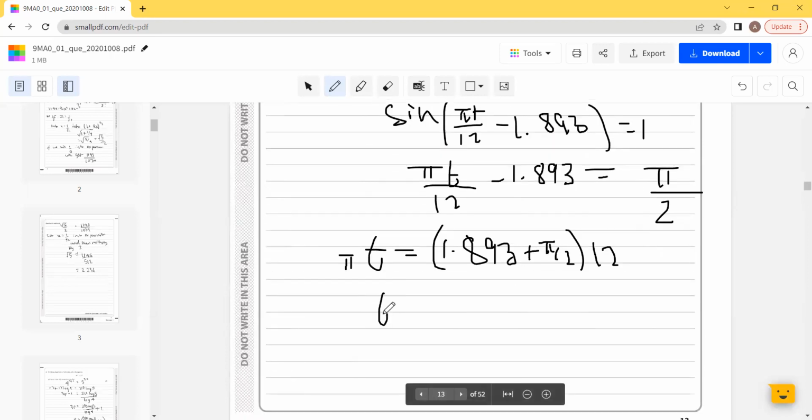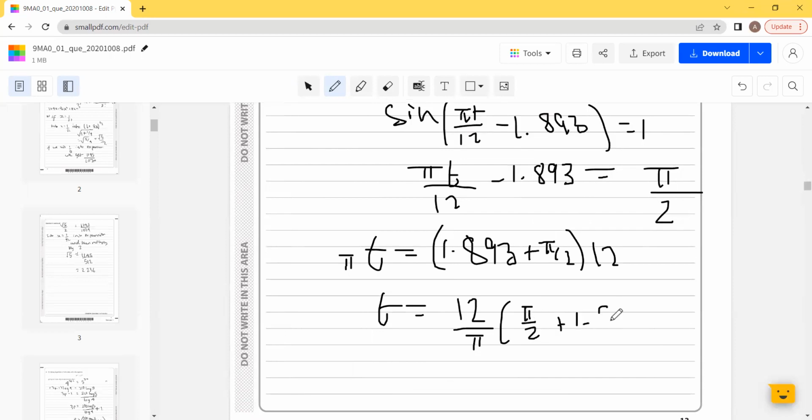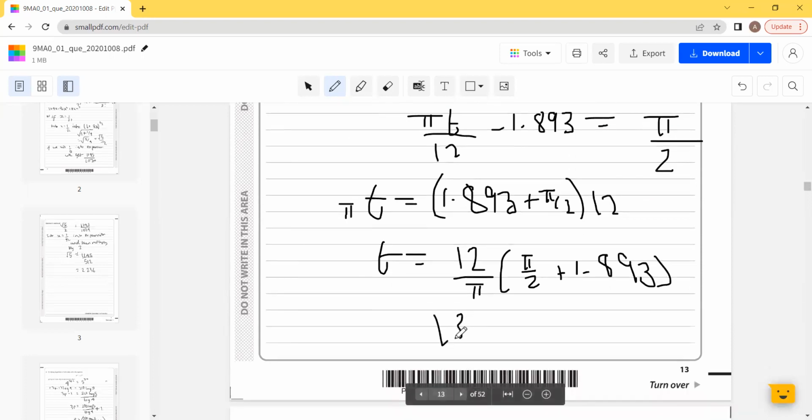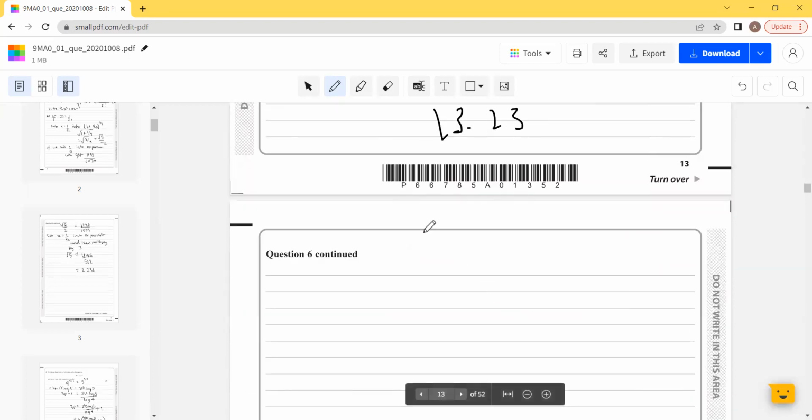So t is simply 12 over pi times pi over 2 plus 1.893. And again, you use the calculator to do this. So 12 over pi multiplied by pi over 2 plus 1.893 gives you 13.23, which is 13:14 p.m.